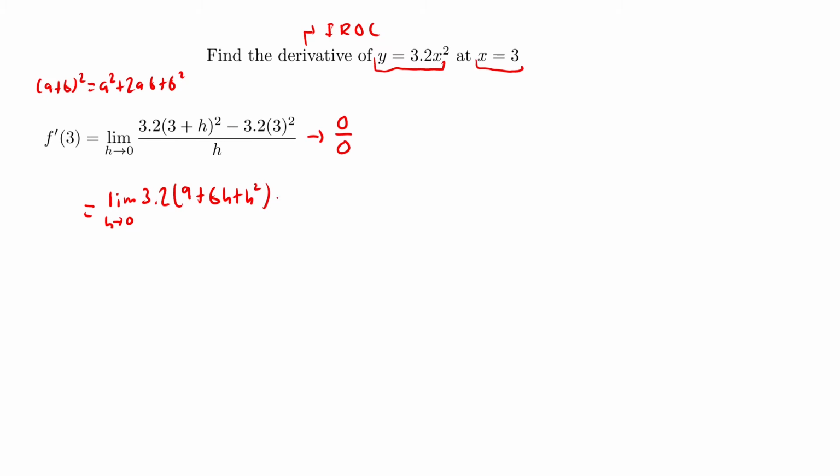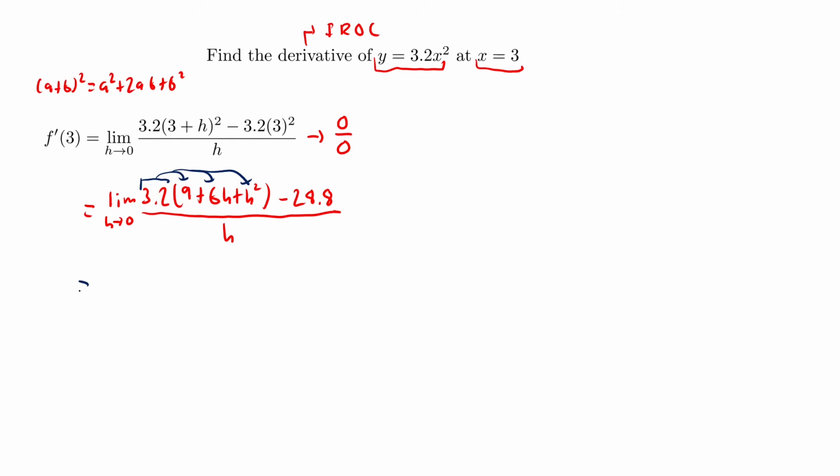And then we're going to compute 3.2 times 3 squared, and if we do that, we're going to get 28.8. And then we're going to divide all of this by h. Again, we're not going to be able to substitute until we cancel this h out, but we can't cancel that h out until we do some more math here. So the next move that we're going to do is we're going to distribute this 3.2 across all three terms here.